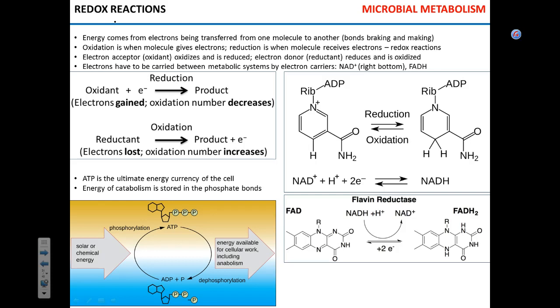I want you to know the terms oxidant, reductant, oxidation, reduction. Okay, so look at the panel here on the left. This is your oxidant. Oxidant gains the electron in the process of reduction.